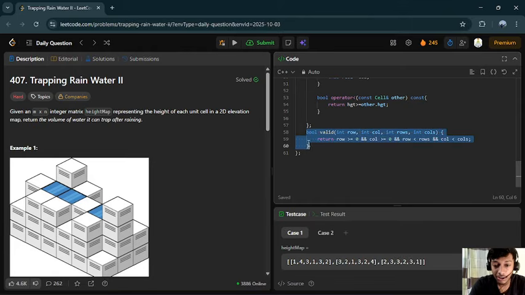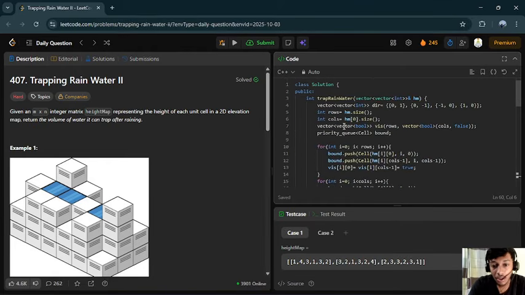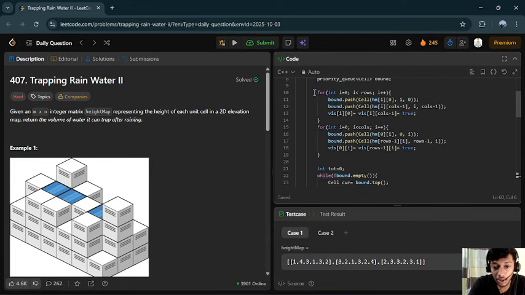And this is a function for the boundary conditions. Here in this part we are marking all the leftmost and the rightmost cells as visited.